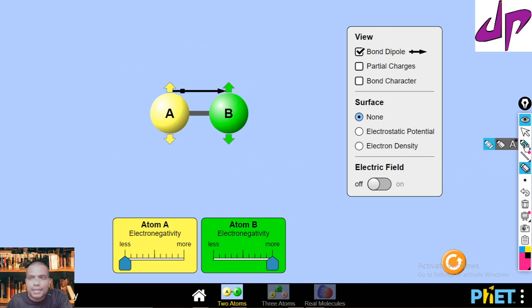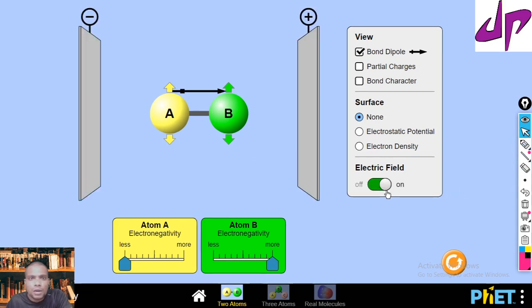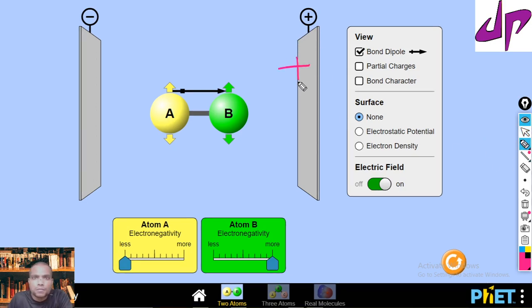Now if I switch on the electric field, since it is a positively charged plate and a negatively charged plate, and B has the more electronegativity, it has more electrons, so that's why it is attracted towards the positive plate.